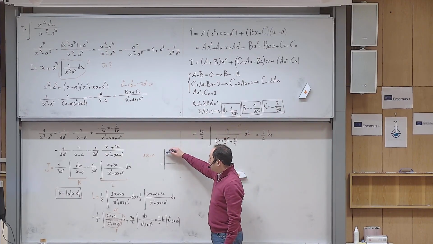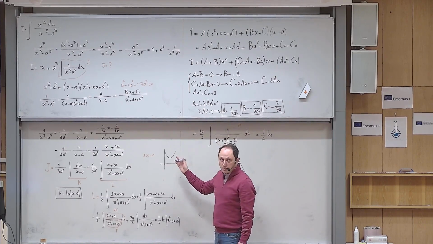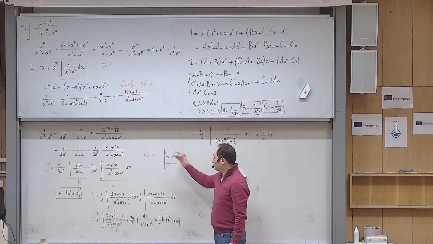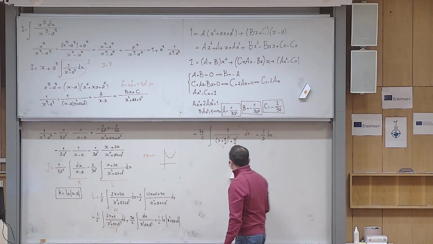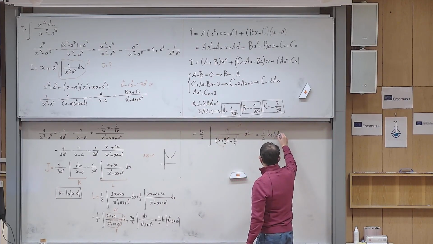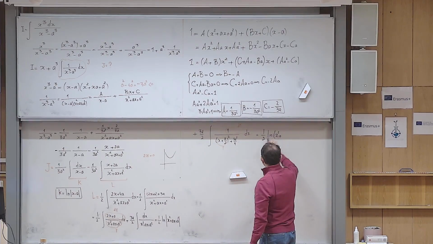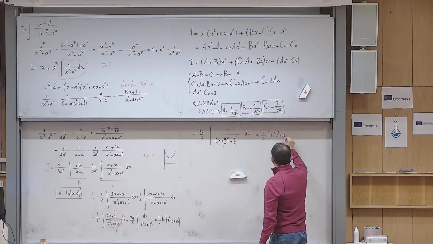So if my parabola is supposed to have a minimum and is not supposed to cut the x-axis, it should be somewhere above the x-axis all the time. So it means that this is always positive. When it is always positive, I really don't need to put the absolute value sign.